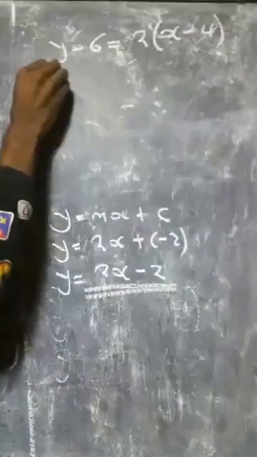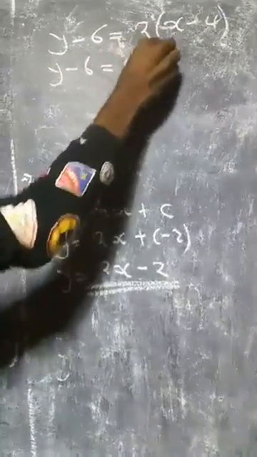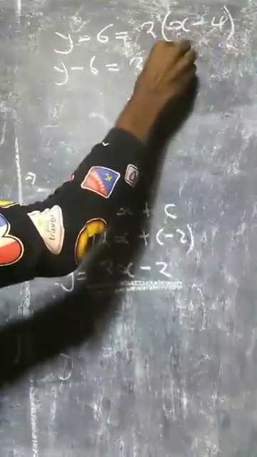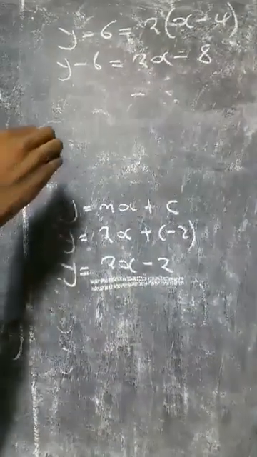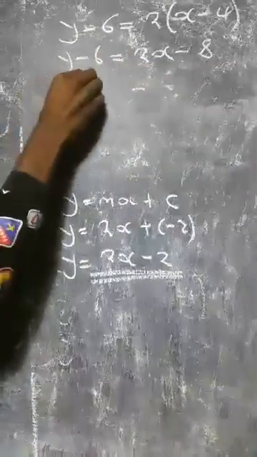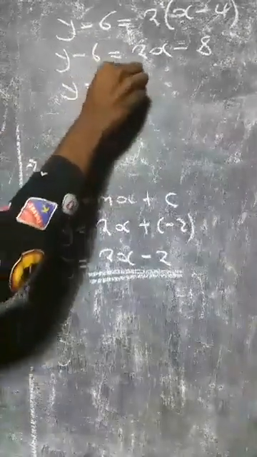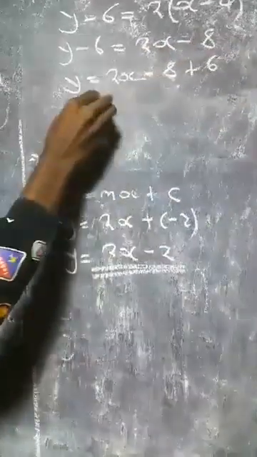So what do we know? y minus 6 is equal to, this by that it's 2x, this by that it's minus 8. Therefore 6 goes the other side, so y is equal to 2x minus 8 plus 6.